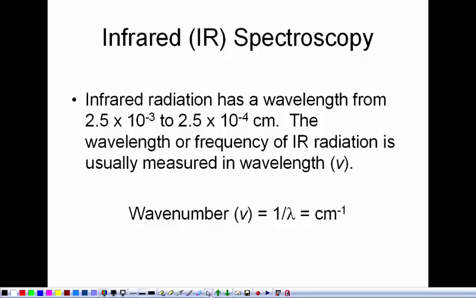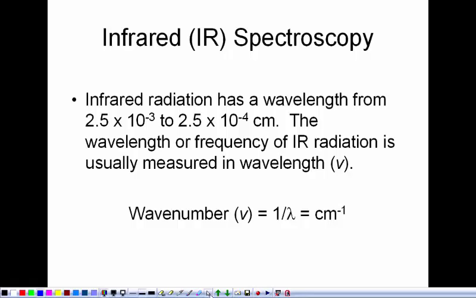We use what's called the wave number. And so we put 1 divided by the wavelength, and we get reciprocal centimeters, which we call wave numbers. That's traditionally how it's been done. It's been 20, 30 years since anyone's used microns as the wavelength to make the measurement. So we're going to always talk about wave numbers, which is just reciprocal centimeters.